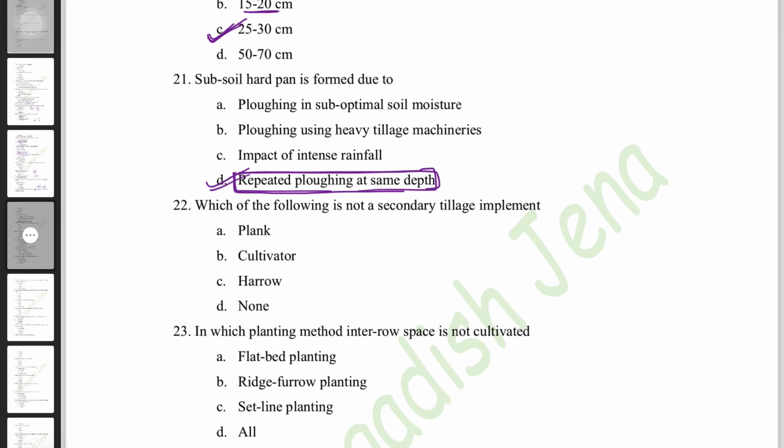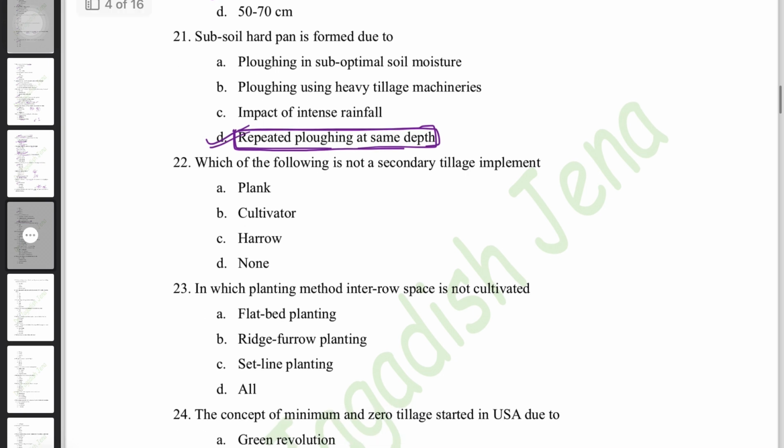So the upper soil which you are plowing will be loosened, but below that a hard pan will form. That's why it is recommended that at least every 2 to 3 years you go for a deep plowing.